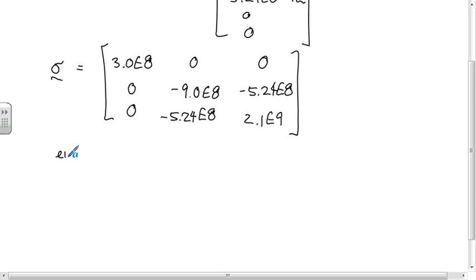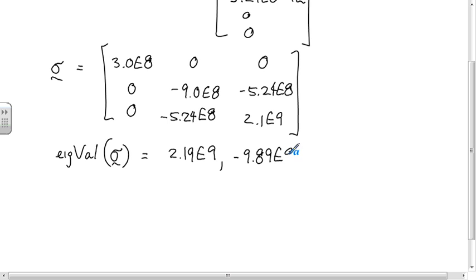So on a TI-89, I think it's called eigenval of, put in that matrix. And you'll get the values 2.19 times 10 to the 9th, -9.89 times 10 to the 8th, and 3.0 times 10 to the 8th.